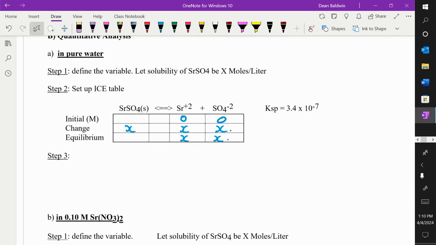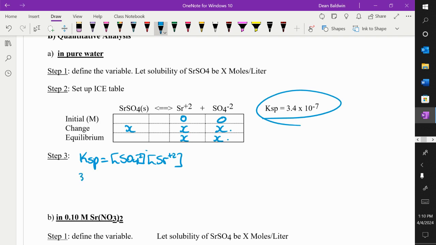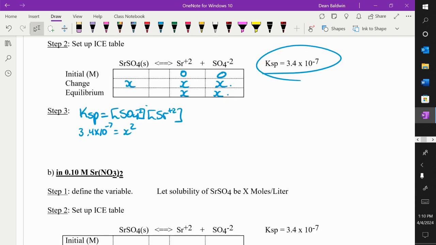Okay, so the KSP expression is the concentration of SO4 2- times the concentration of strontium. KSP is right here, 3.4. And that'll be X squared. Everybody agree with that?